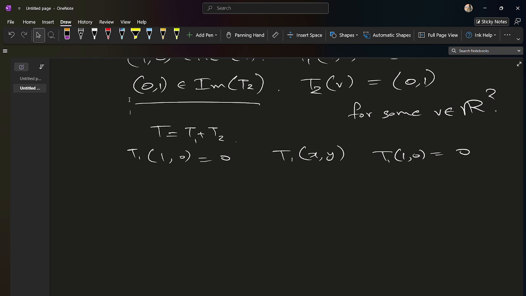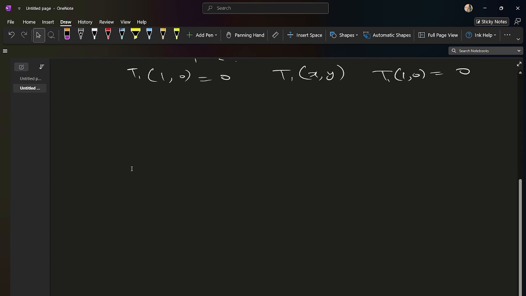Now we are going to combine T1 and T2. Since T equals T1 plus T2, we can distribute the action of T on R square between T1 and T2 in such a way that the above conditions are satisfied. So now we are going to construct our T1 and T2.